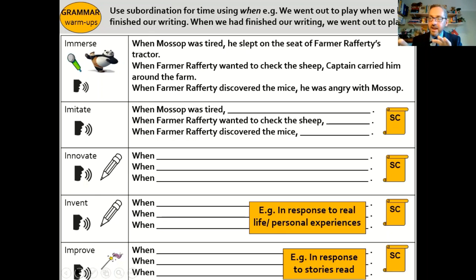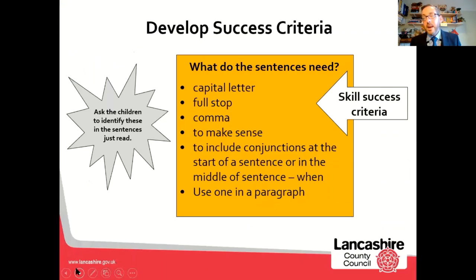And what we're doing then is the children are starting to notice the success criteria for that sentence. So we have a little discussion on the Monday about the success criteria. And we're asking the children to identify the success criteria within the sentence they've just read and pull out those skills. So what do the sentences need?